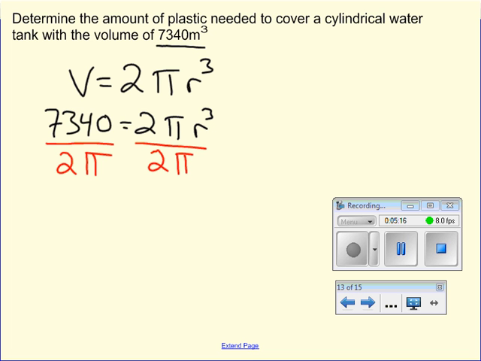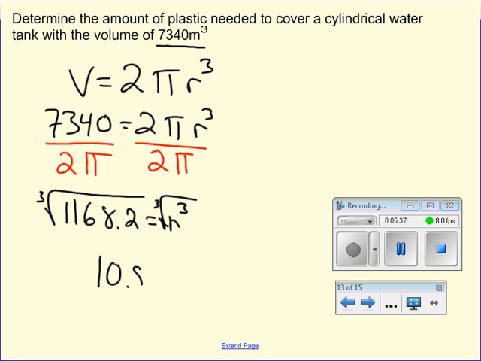And I get 1168.2 equal to r cubed. From here, I take the cubed root, and I get a total of 10.5, give or take, equal to my radius. So that's my radius.